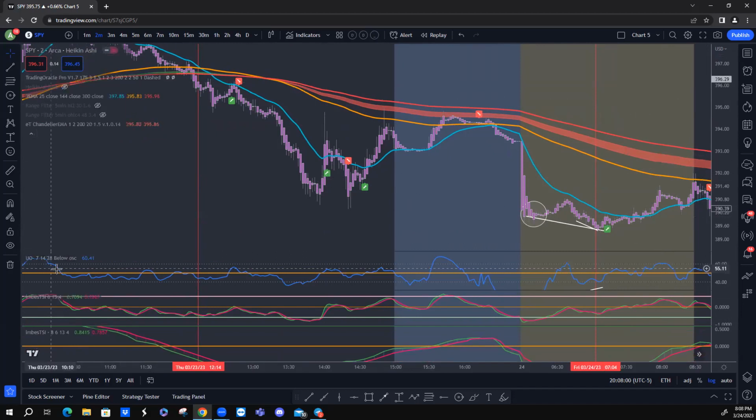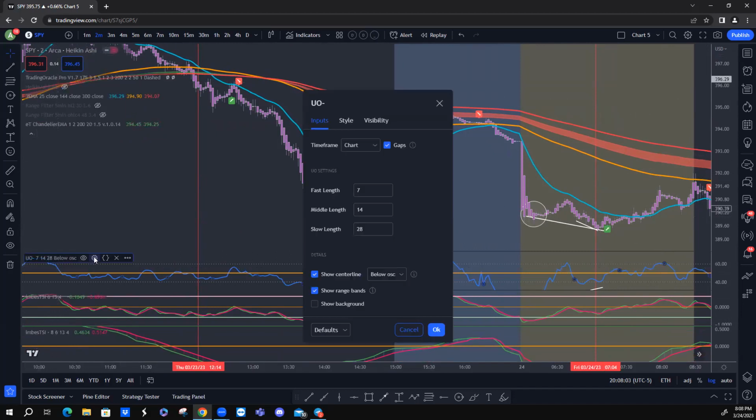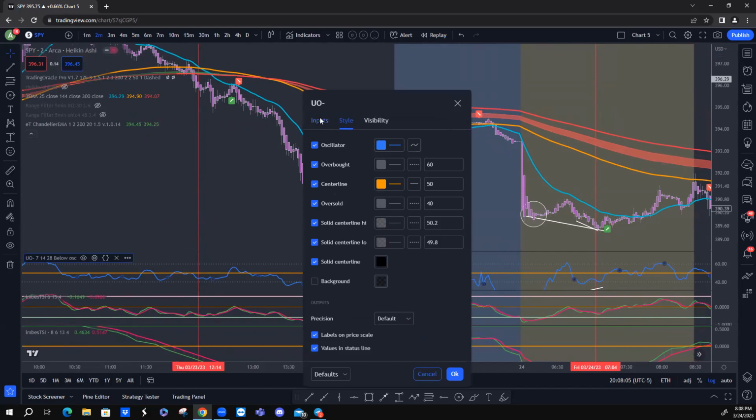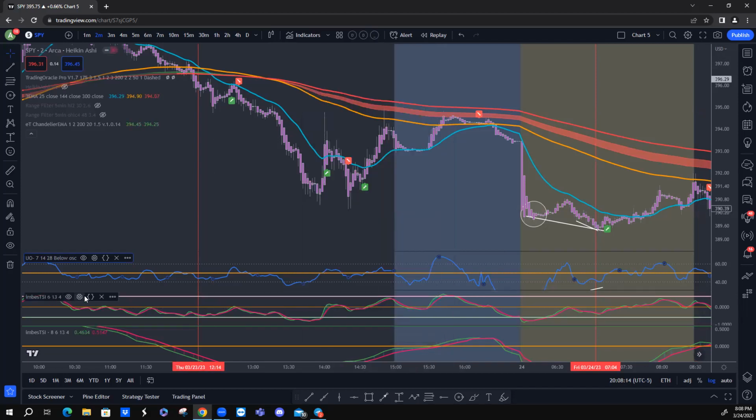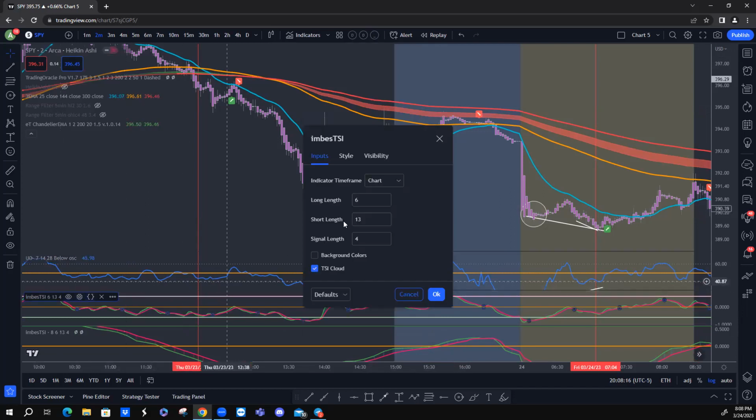Look at it. So the UO is just the standard settings. I didn't change anything. It's the 7, 14, and 28 right here. The TSI is the 6, 13, and 4 right there. And here I don't change the chart time frame. That's just at whatever time frame the chart is on.